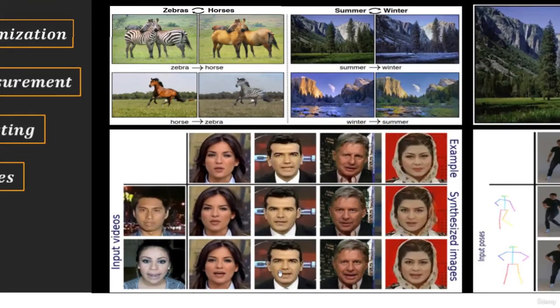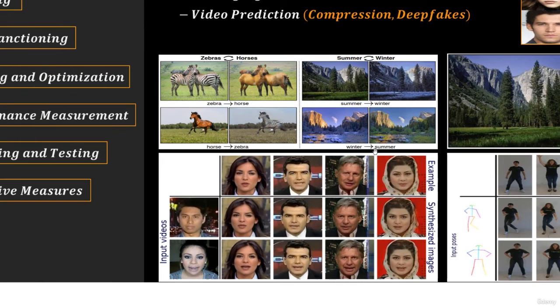So let's look at this input video. Supposing we have these input videos, we are able to generate some of the face poses. With this we could use it in video compression, where instead of sending the whole video, we could send the first few frames, and then the remaining frames are generated automatically on arrival.